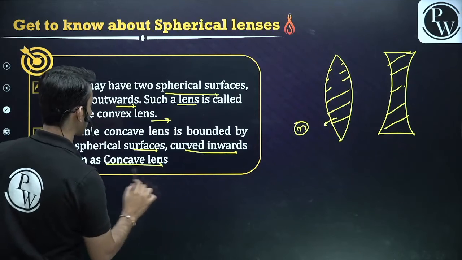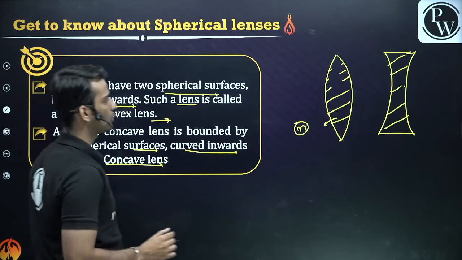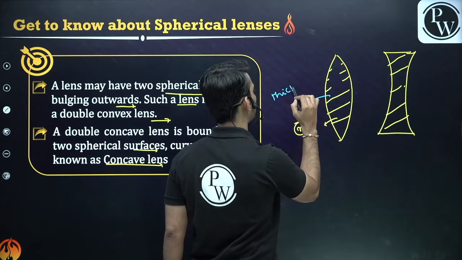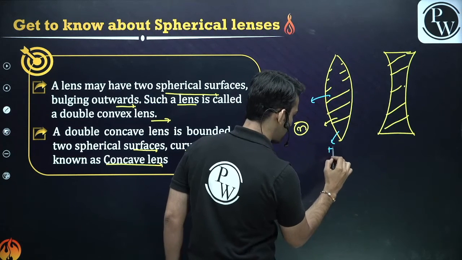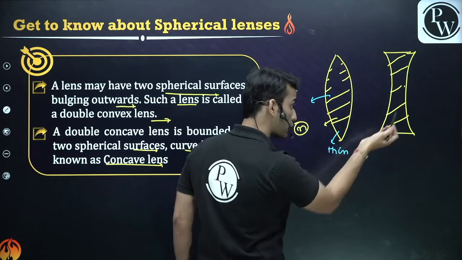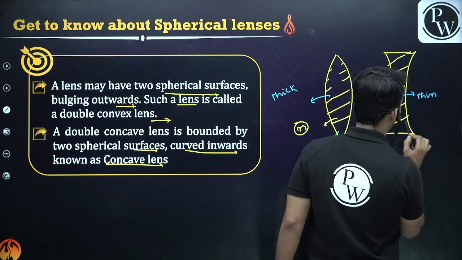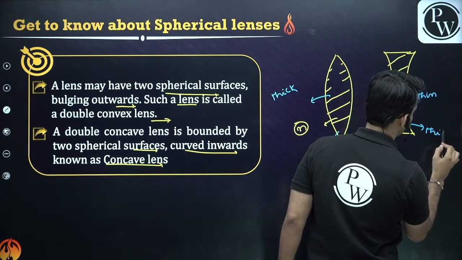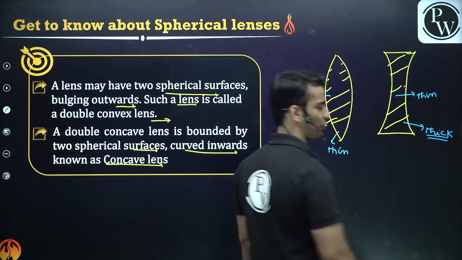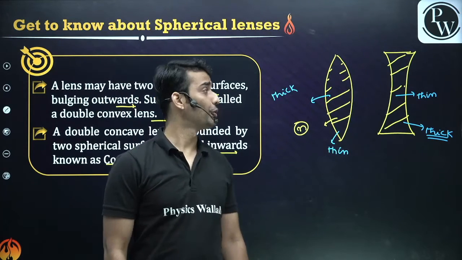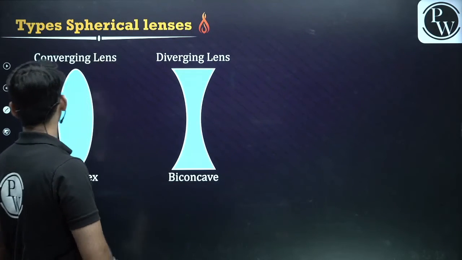You can see a convex lens is thick at the middle and thin at the edges, but a concave lens is thin at the middle and thick at the edges. Is it clear? Okay, so this is the concave and convex lens.